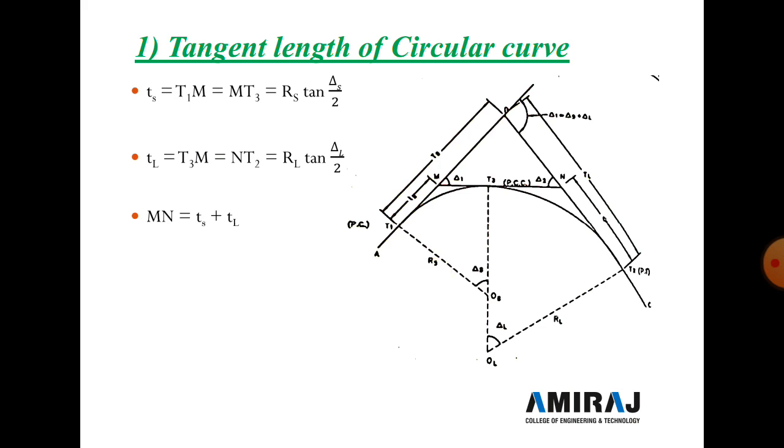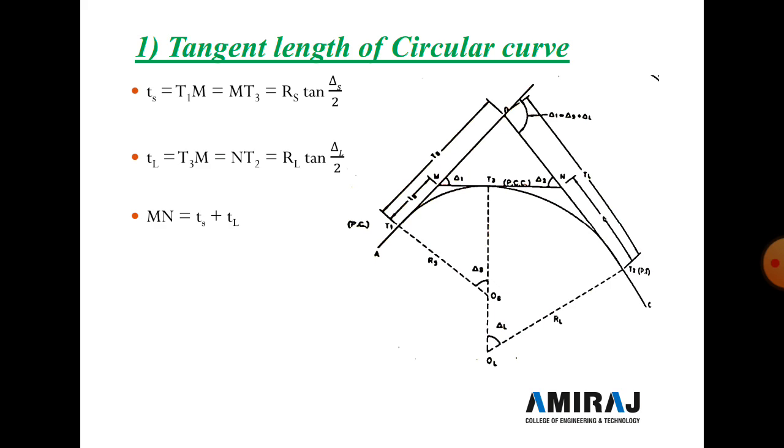So ts is equal to RS tan delta S divided by 2. Similarly for tl, tl is equal to RL tan delta L divided by 2. We take half of this triangle and apply the trigonometric formula: tan delta L by 2 is tl divided by RL.